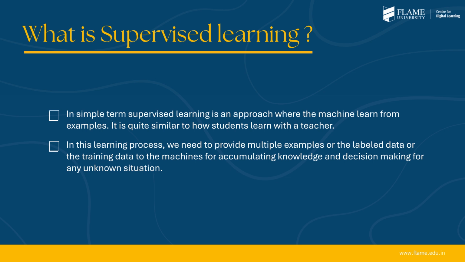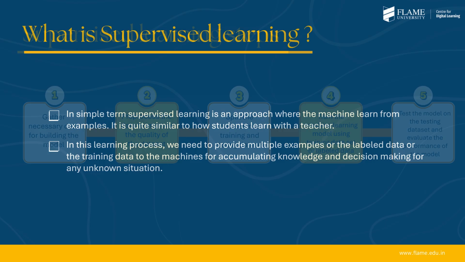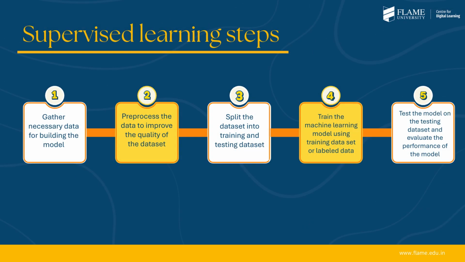Now, if we discuss the steps of supervised machine learning, you first have to gather some data or observations which will help you train your machine or your model, and then you have to pre-process the data.